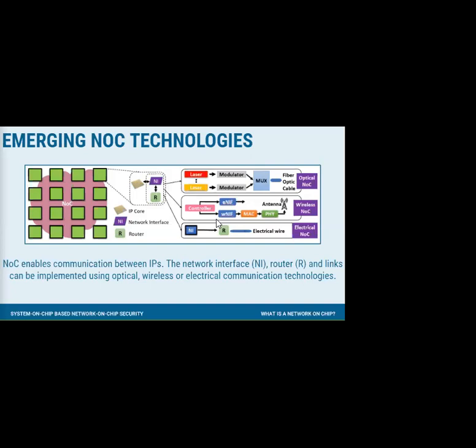But when the number of components inside this single silicon die increases, what we need is a complex communication architecture to communicate on the chip. For that, researchers came up with network on chip by considering how it was deployed in the internet.